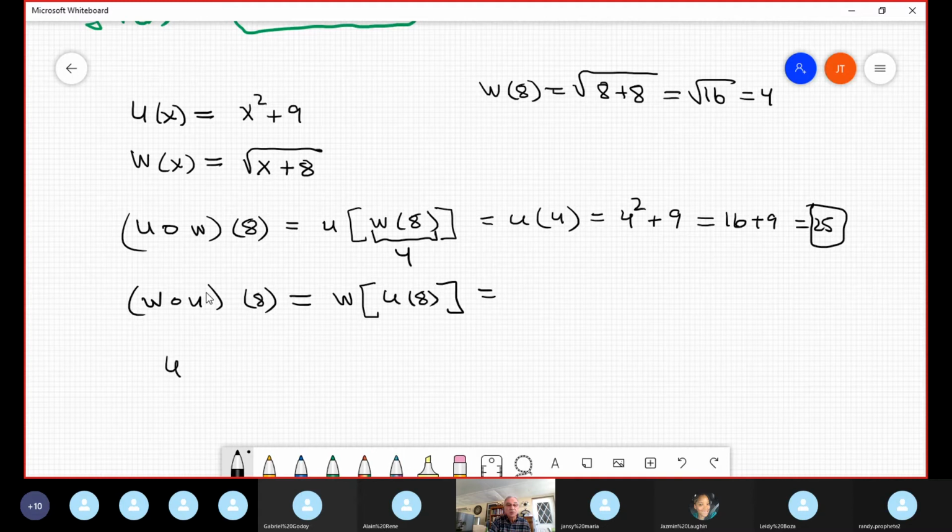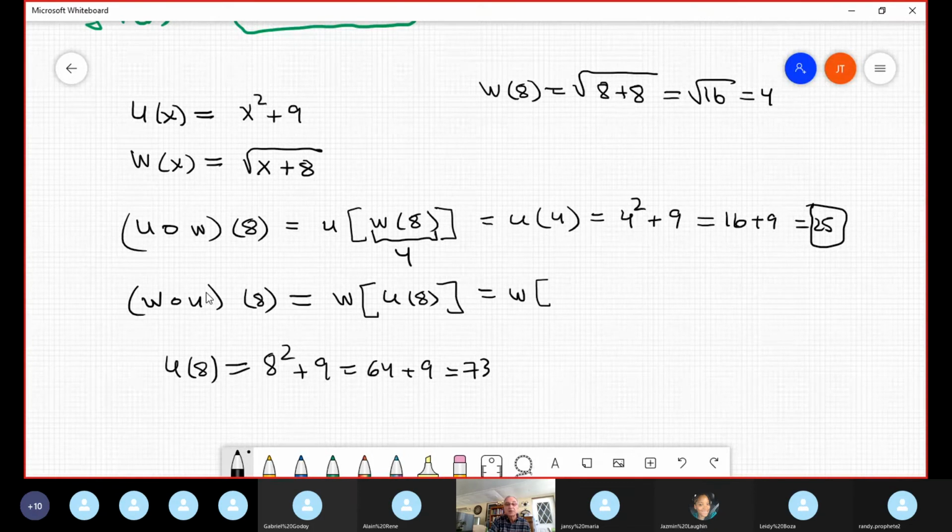First you compute U and 8. U and A is, substituting A here, A squared plus 9. A squared is 64, and 64 plus 9 is 73. So W bracket 73.